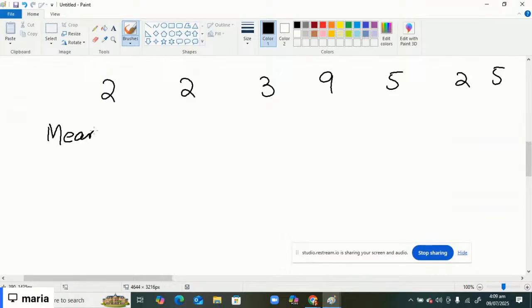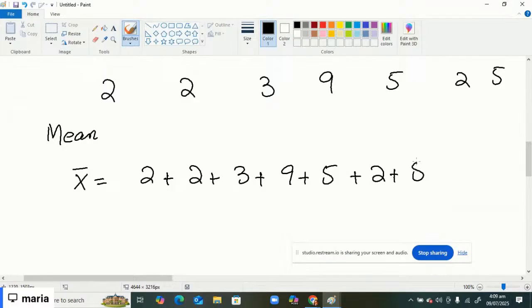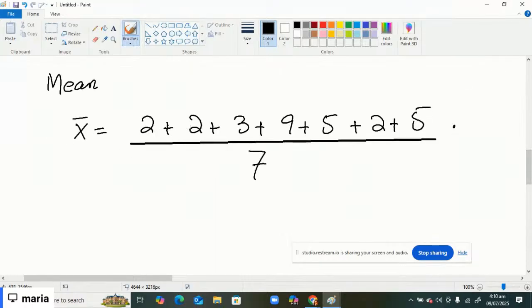How to do it? We are just adding up all the digits and then dividing by how many there are in total. So how many total? 1, 2, 3, 4, 5, 6, 7. So that is 7. So 4, 7, 8, 9, plus 9, 18, plus 10, 28 over 7.